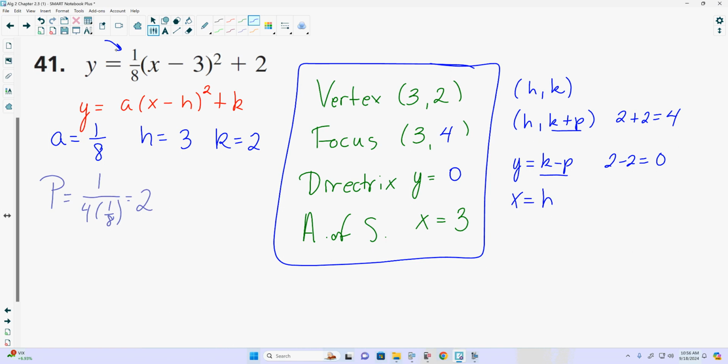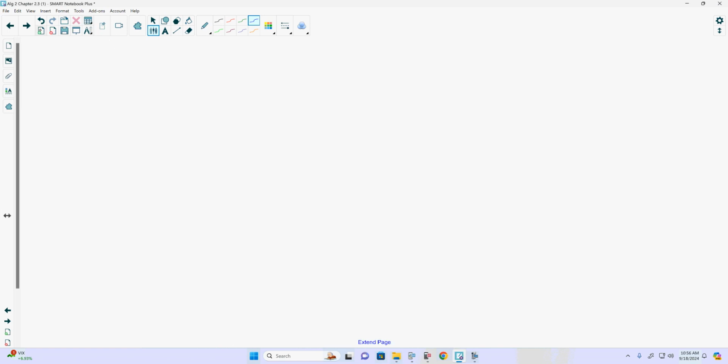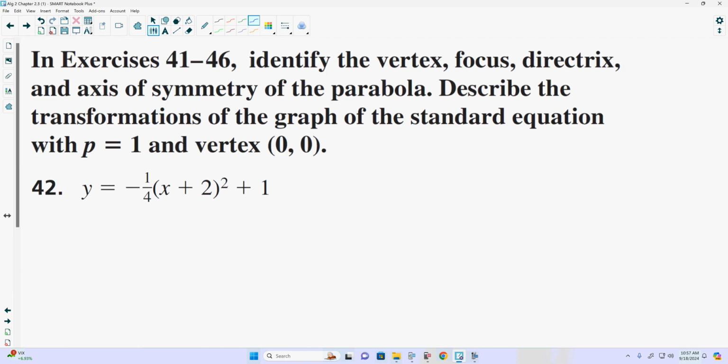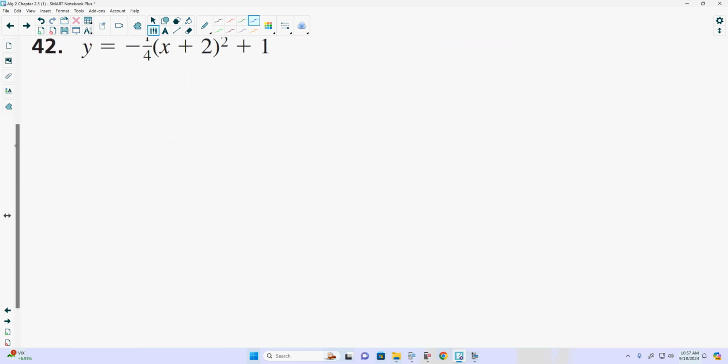So to find it, we would set 1/8 equal to 1/4P and calculate that out. But it ends up working out that P is 1/4 times 1/8. The fact that P is equal to 1 over 4A makes everything a lot nicer and easier to work with.